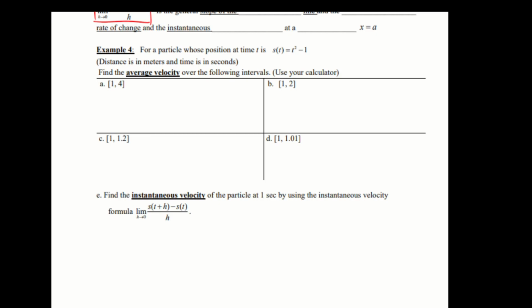Alright, we'll start with the first problem. You're trying to find the average velocity between second 1 and second 4, in meters, using the function t squared minus 1, our time squared subtracted by 1. We're going to use pretty much the same formula, y2 minus y1 over x2 minus x1.